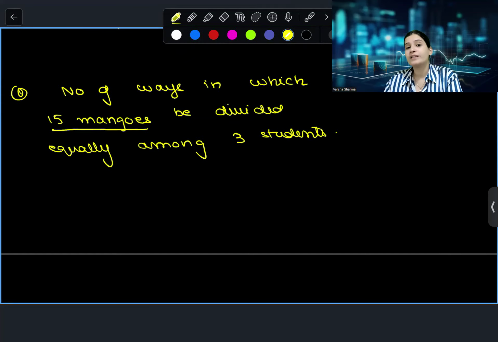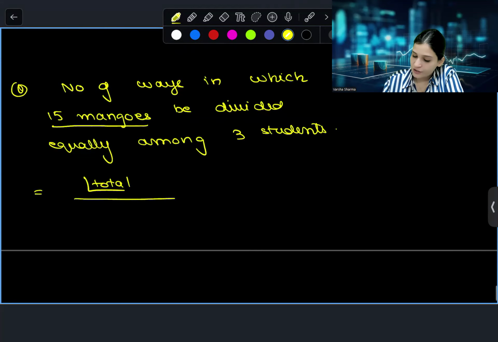If it is a non-living thing which are identical, plus sign, minus sign, fruits, in that case, the formula is total factorial divided by share of each person, to the power number of persons.